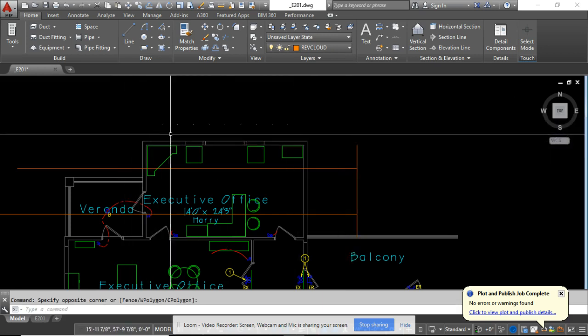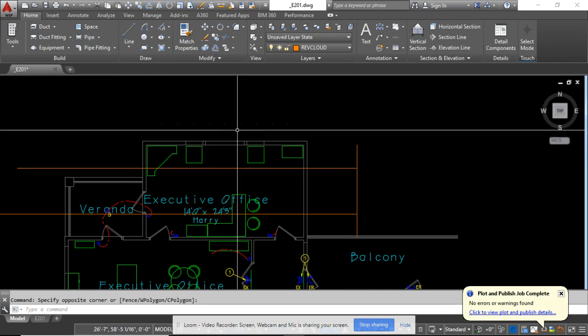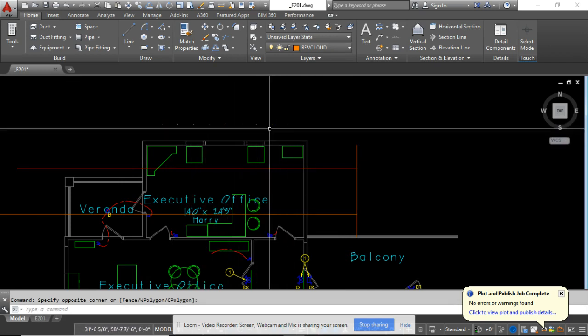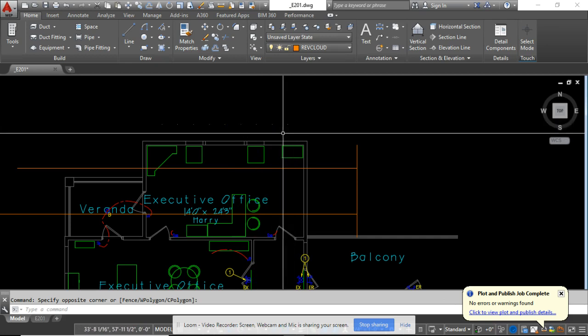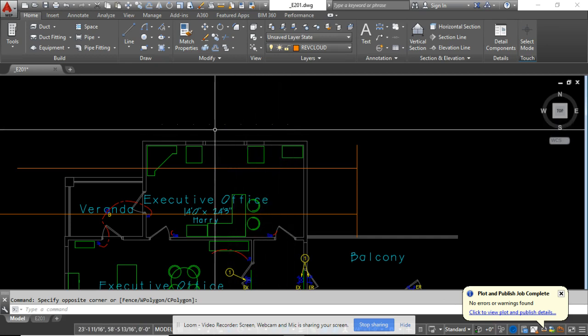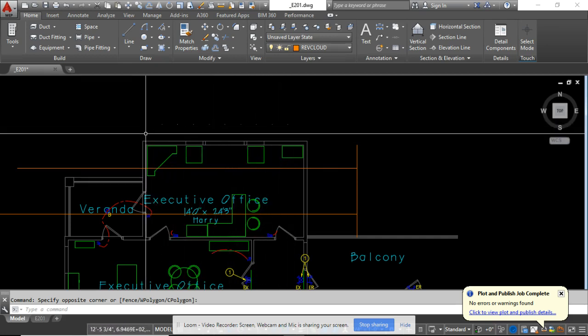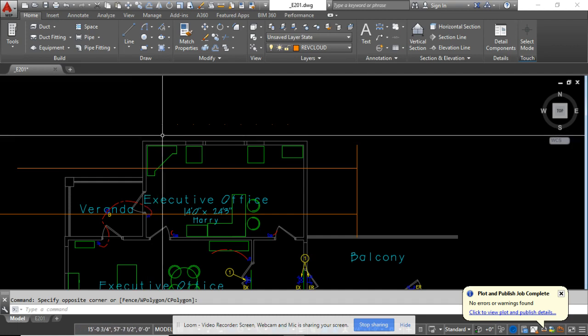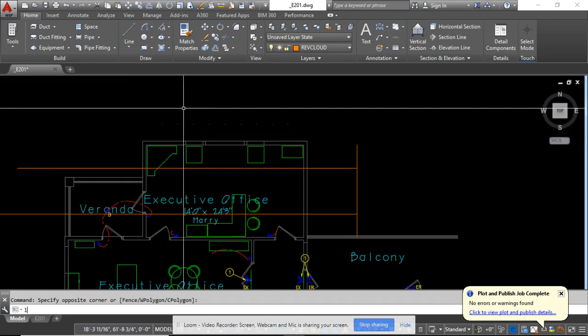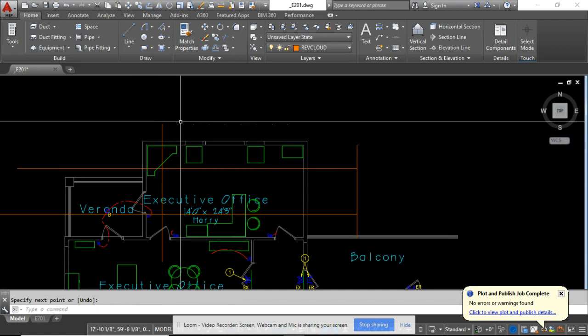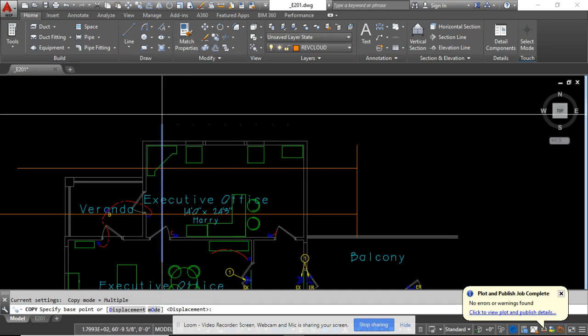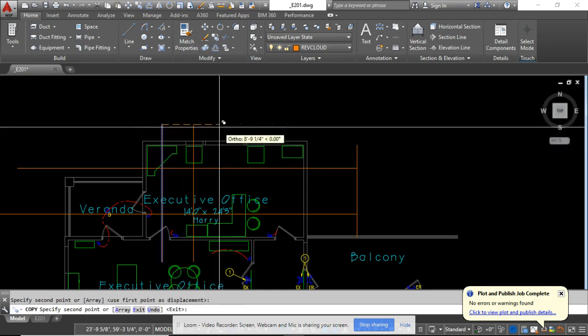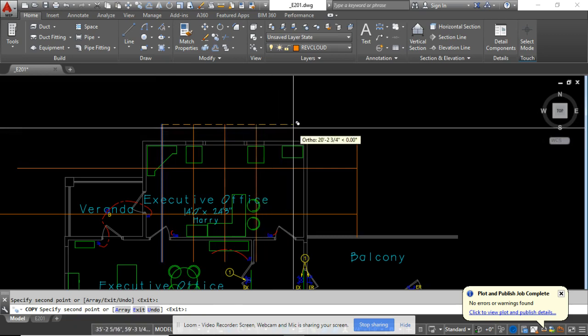Well, actually, there's 9: 1, 2, 3, 4, 5, 6, 7, 8, 9, because I divided it into 10 segments. Segment 1, 2, 3, 4, 5, 6, 7, 8, 9, and then there's one on this other side. So there's 10 segments. Where I put my lines are on the first one, and then I'm going to skip every other. So on the 3rd, 5th, 7th, and 9th.